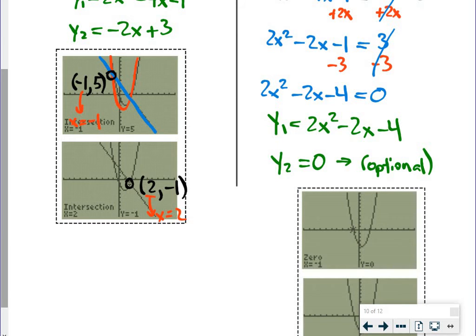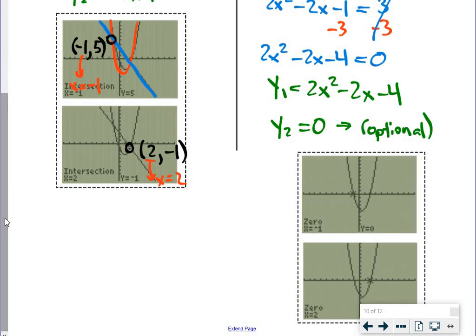So we graph that. We have the first x-intercept at negative 1, 0, and the second intercept here is at 2, 0. So our two solutions are consistent with the ones we did over here. So negative 1, okay, negative 1 as well, and 2, and we got 2 as well.